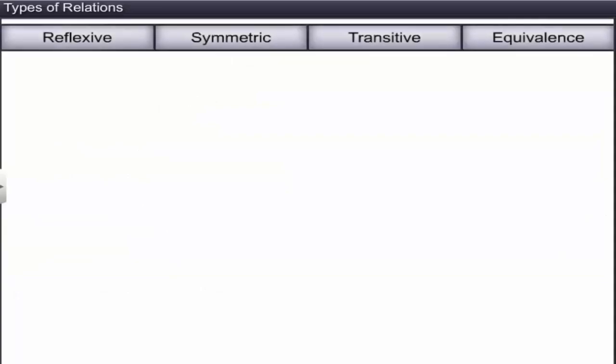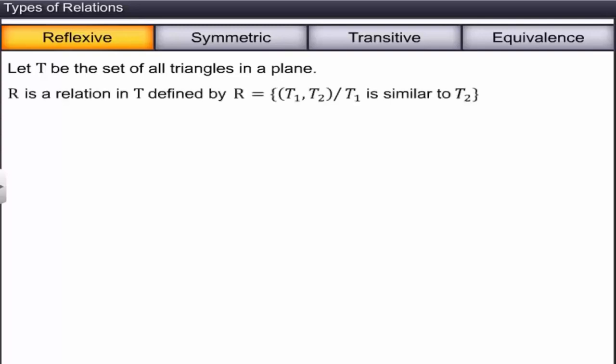Let's first see when a relation is said to be reflexive. Let T be the set of all triangles in a plane. Define the relation R in T by the set of ordered pairs (T1, T2) such that T1 is similar to T2.